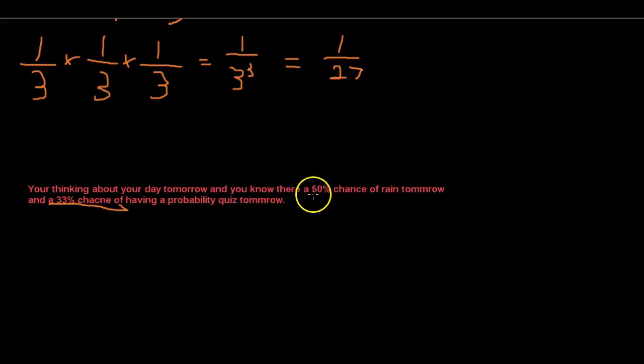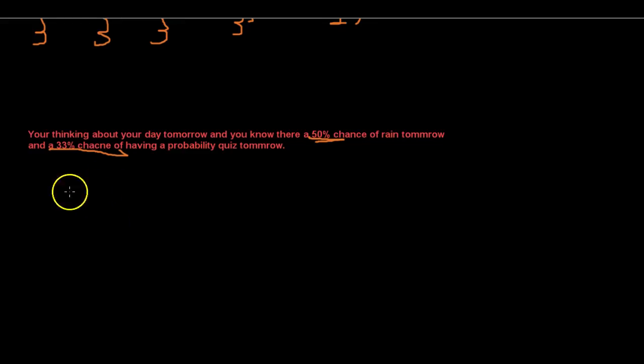So there's a 33% and a 50% chance. So let's put that into fractions. 50% is 1/2. There's a 1/2 chance that it is going to rain tomorrow, or that it is not going to rain, depending on if you're half cup empty or half cup full. And then you have a 1/3 chance of having a test tomorrow.